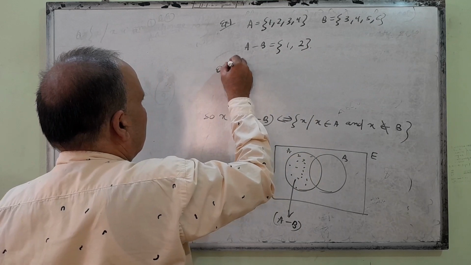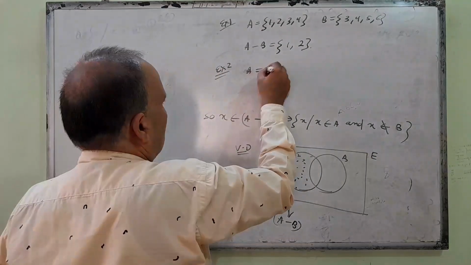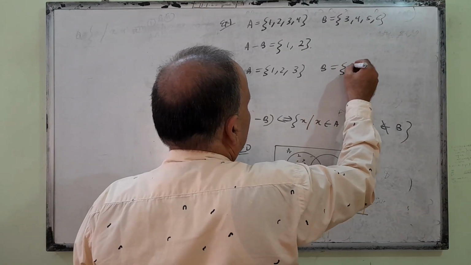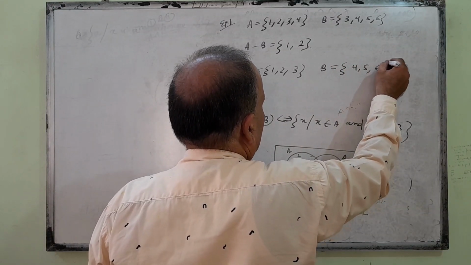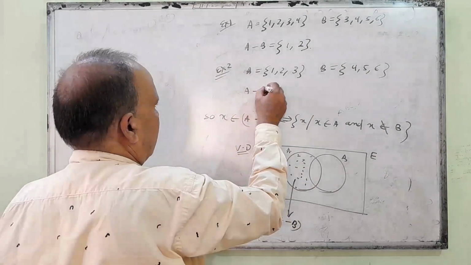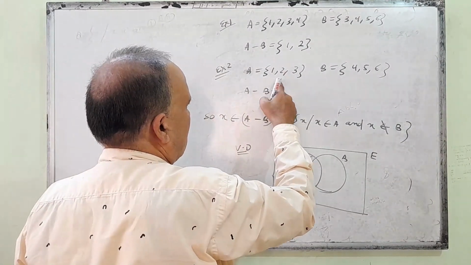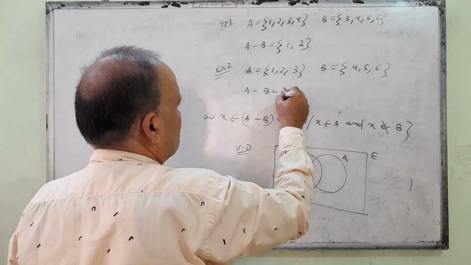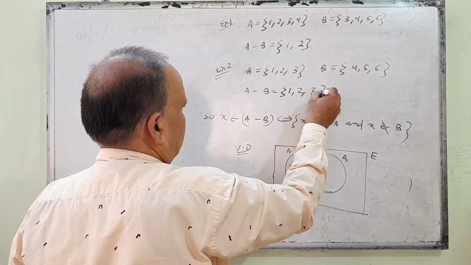Example 2: suppose A is equal to {1, 2, 3} and B is equal to {4, 5, 6}. Here A difference B is equal to, that means from A you subtract B, and no elements are gone. So that is {1, 2, 3}.